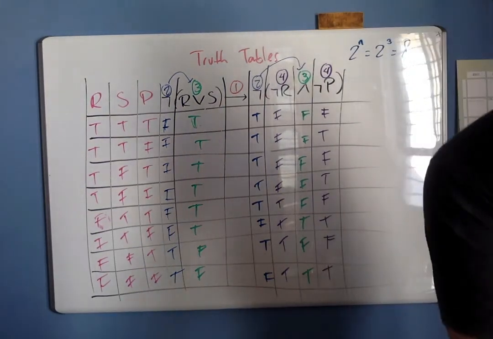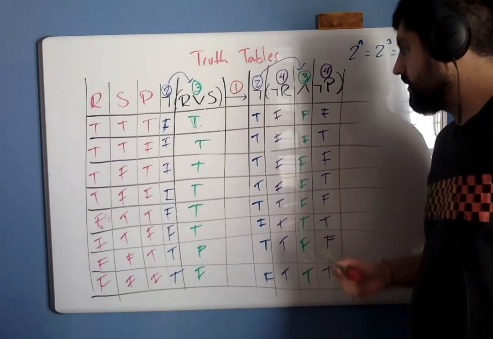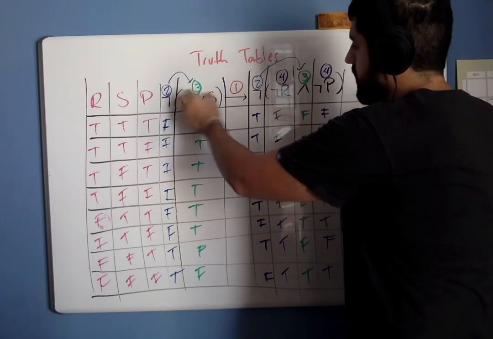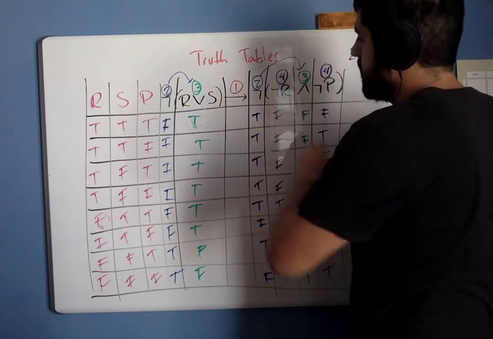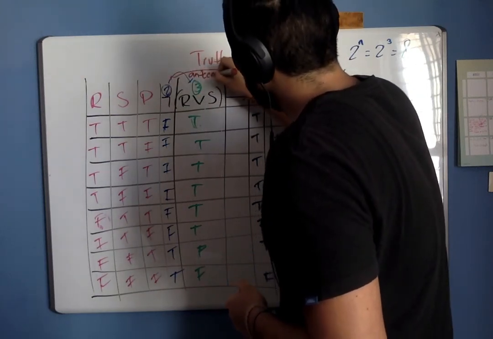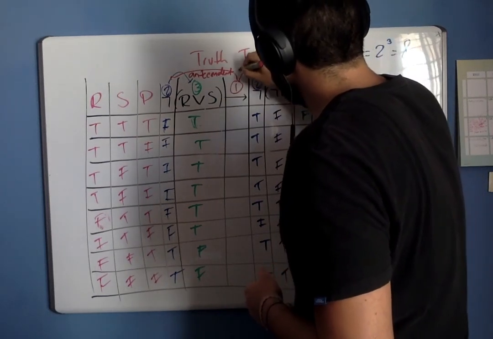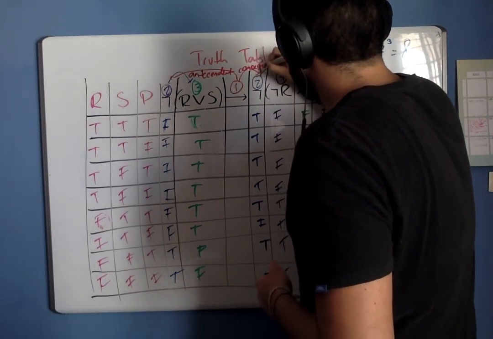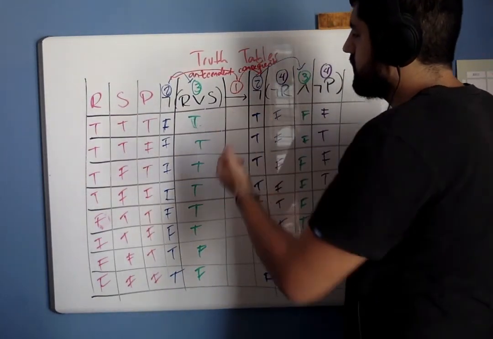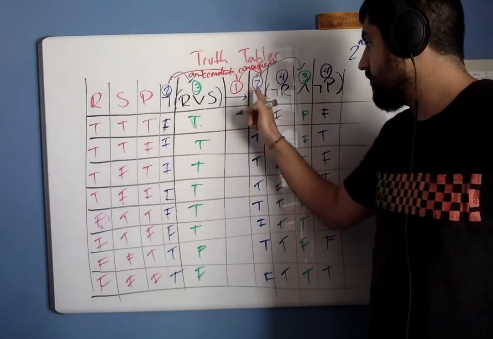And finally, in our truth table, we can now solve the primary logical connective considering these number 2s, this negation and this negation. This negation is going to be the antecedent, and this negation is going to be the consequent. So remember that the rule of the conditional is that it is always true except when the antecedent is true and the consequent is false.